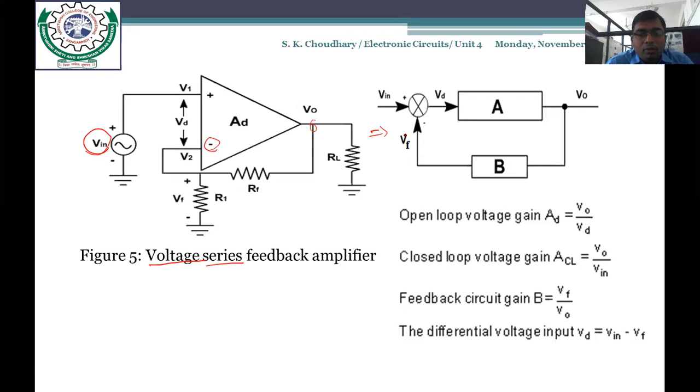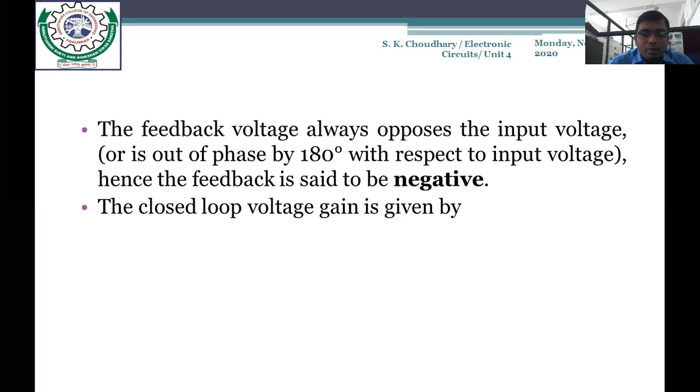And V2 is the voltage at the inverting terminal. Okay, and Vf is the voltage drop across R1. So we are going to analyze this circuit. When we analyze it, we find that it is a kind of inverting amplifier. So what happens? The feedback voltage opposes the input voltage, meaning it would be 180 degrees out of phase with respect to the input voltage, because it is negative feedback.